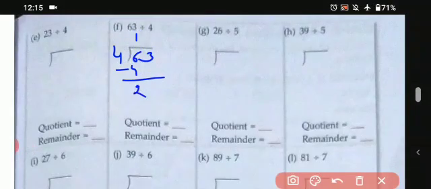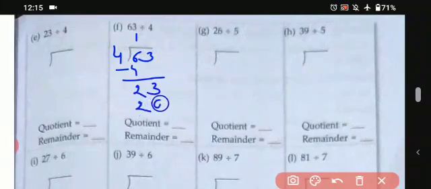Okay. So the next digit we'll be writing here, that is 3. So does 23 come? No. 23 doesn't come, but yes, a smaller number does come, that is 20. So how many times? 4 5s are 20.